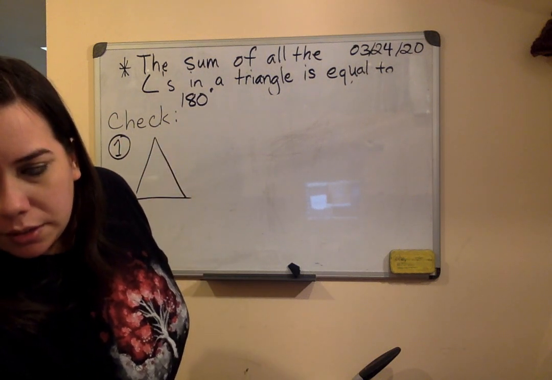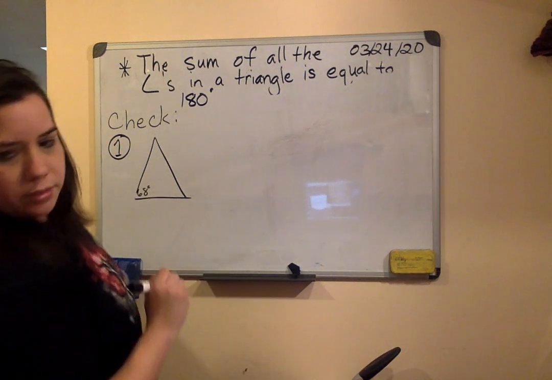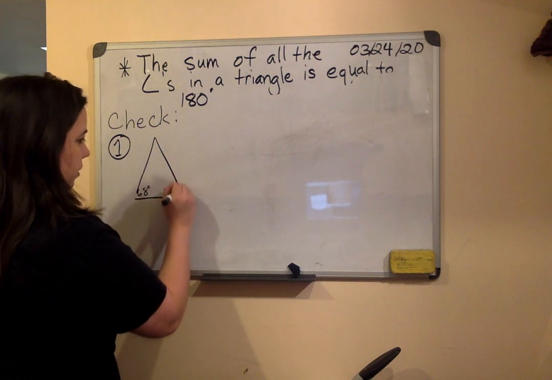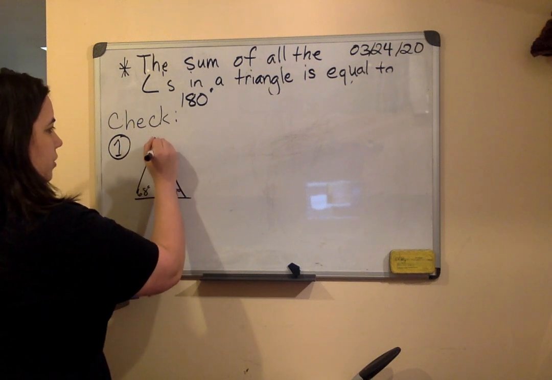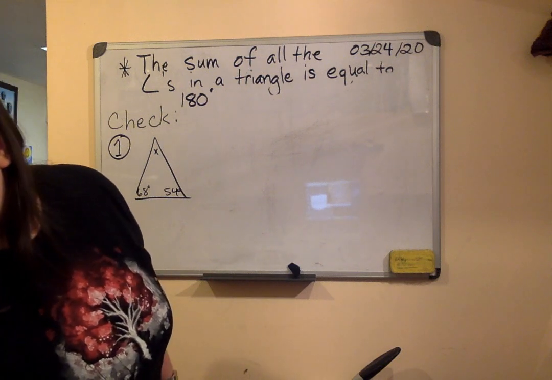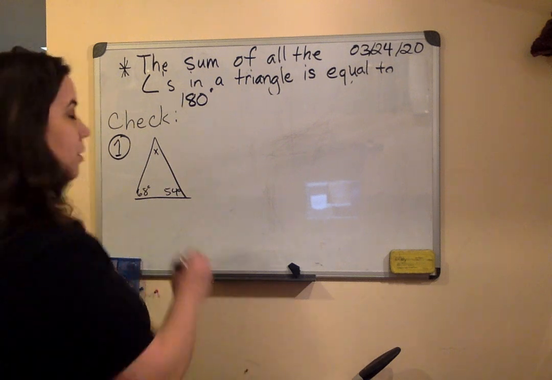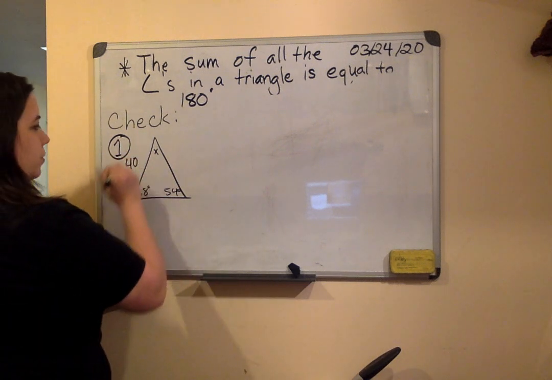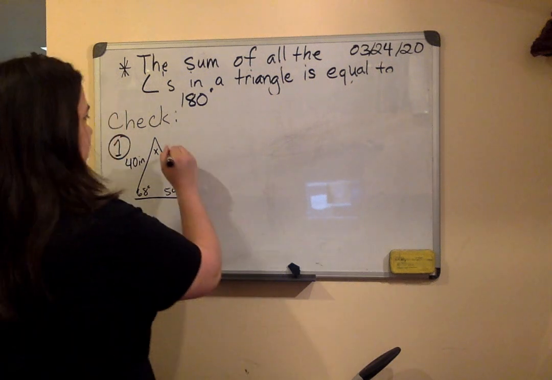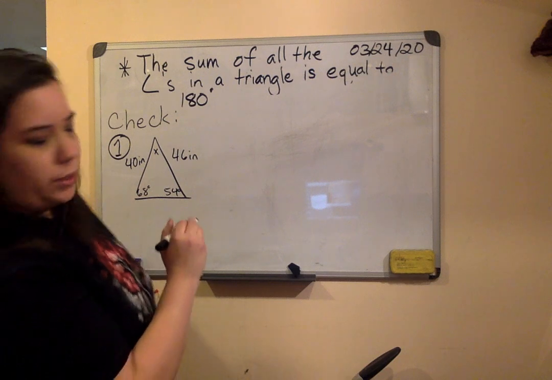You have 68 degrees, 54 degrees, and then we don't know, X. I'm not going to write the sides because they do want to classify it too. So we do have to do all this wonderful work. So 40 inches, 46 inches, and finally 42 inches.